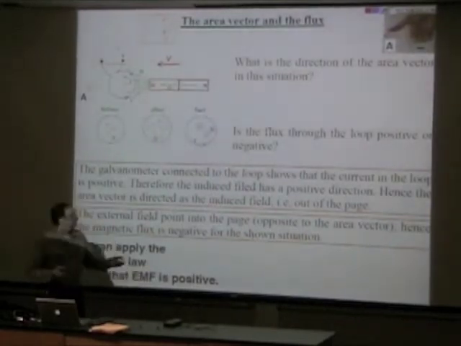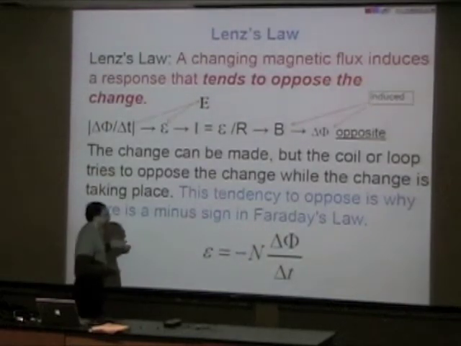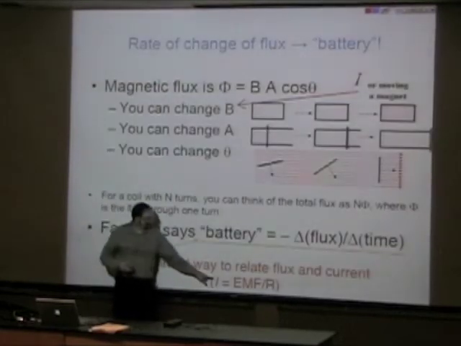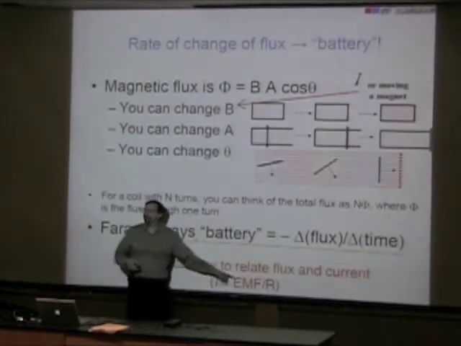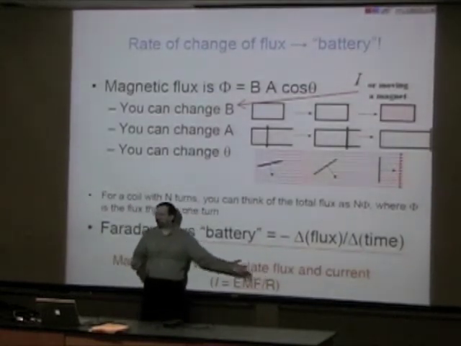Negative and positive are related to this expression. Again, if EMF is negative, current is negative. If EMF is positive, current is positive. Resistance is never negative.